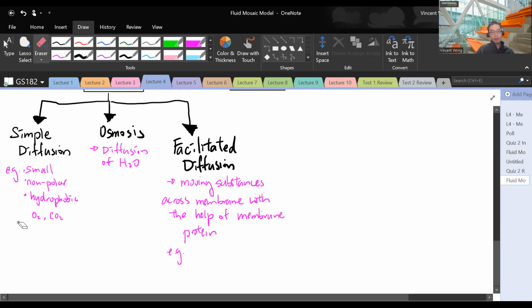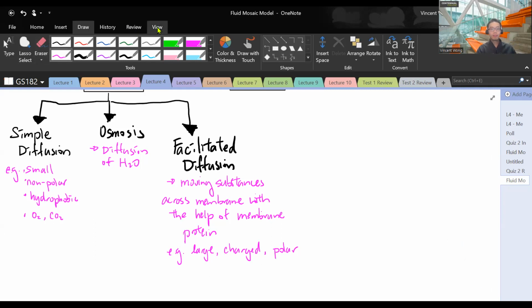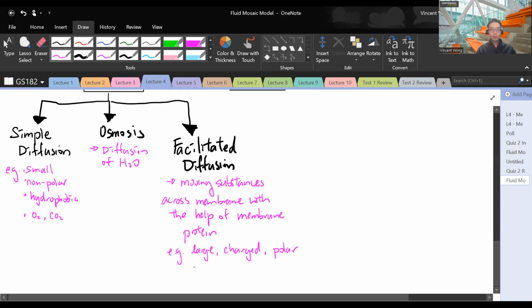So that would be for things that are large, maybe charged, or polar. They don't cross the membrane very well on their own, and they must require the help of a membrane protein. Like glucose, that's one example.